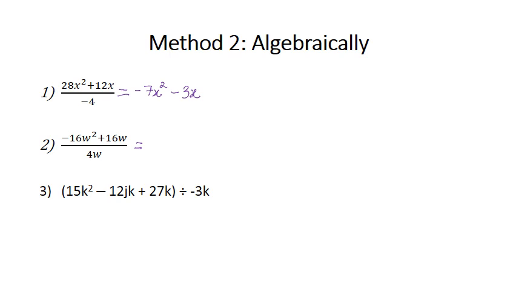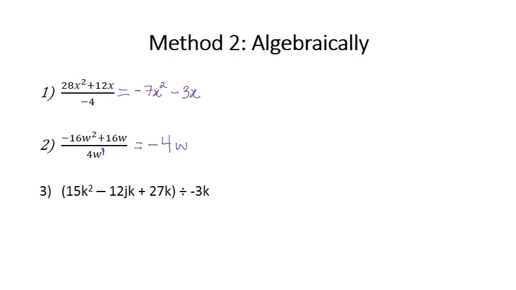Next one, same steps. I'm going to take the first term and divide it by my denominator, and then the second term and divide it by my denominator. So negative 16w squared divided by 4w. Negative 16 divided by 4 gives me negative 4. And w squared divided by w, remember there's a secret 1 here, so 2 minus 1 would be 1.